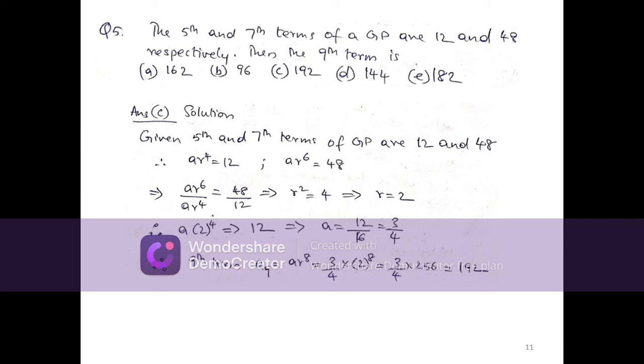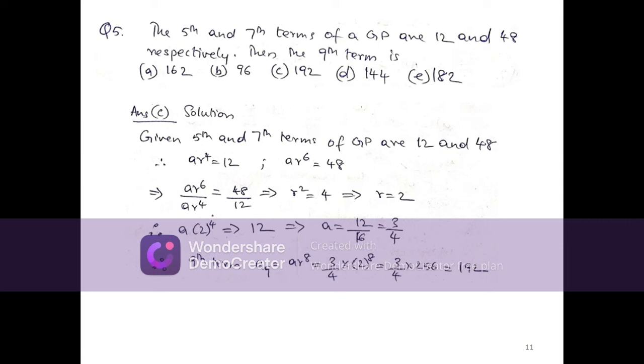So in option C, the fifth and the seventh terms of a geometric progression are 12 and 48. What is the fifth term? That is A into R raised to 4, equal to 12.